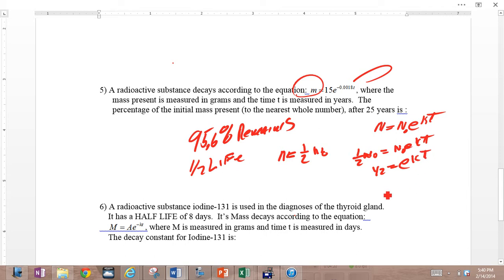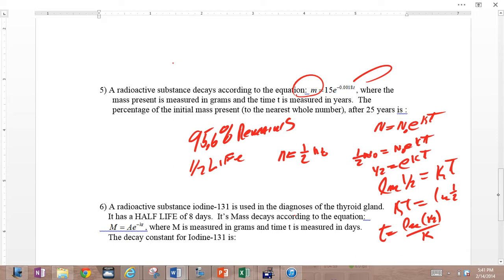Take the natural log of both sides, and you get the natural log of 1/2 is equal to ln of e to the kt, which is simply kt. So kt is equal to the ln of 1/2, which means if you have the constant and want the time, time is equal to the natural log of 1/2 over the constant.